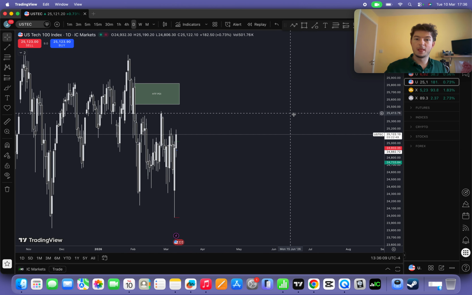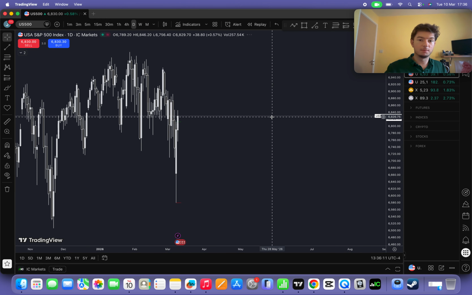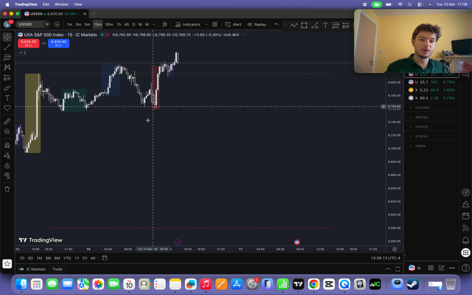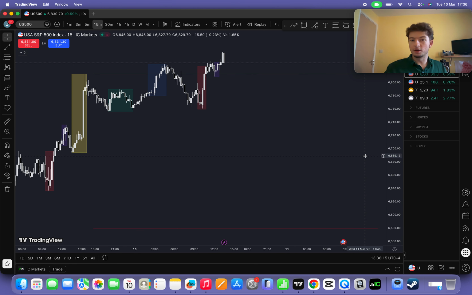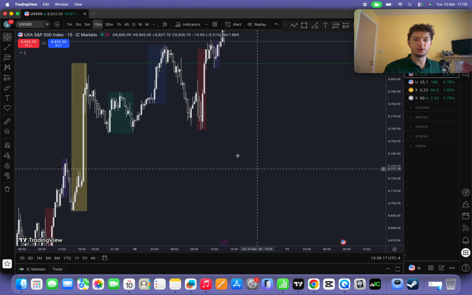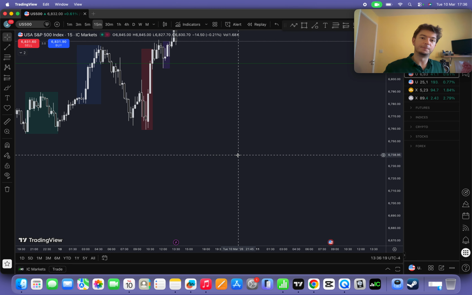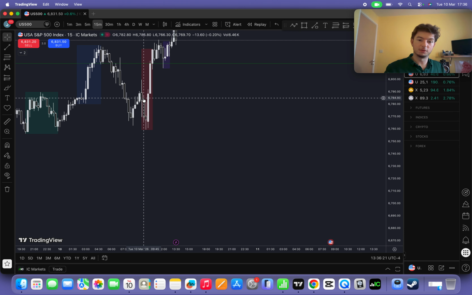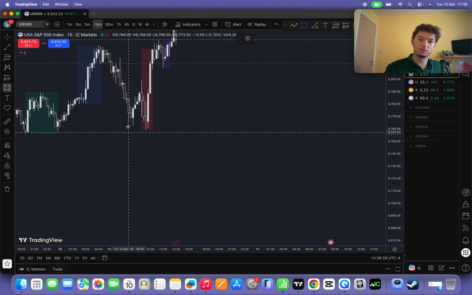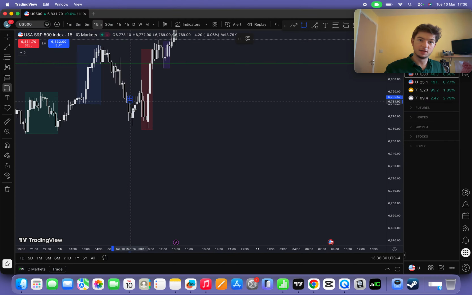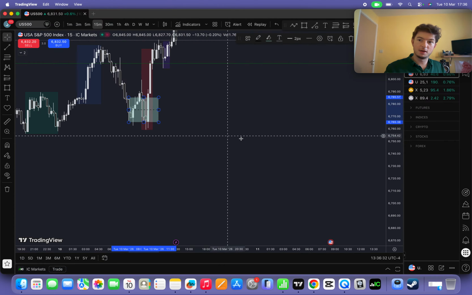So yeah, on the S&P, I had a look at the break and retest just to see, but obviously with no intention of trading it today. If we look at the 8 o'clock candle, I think it was like 20 points. So, no reason for me to be looking for a trade here. 6,785 to 6,765.